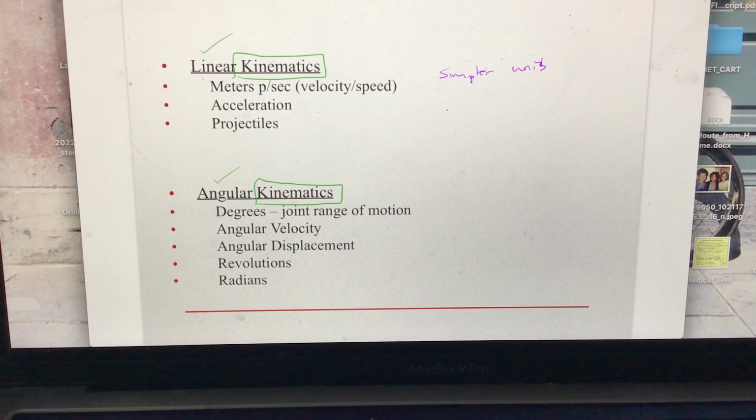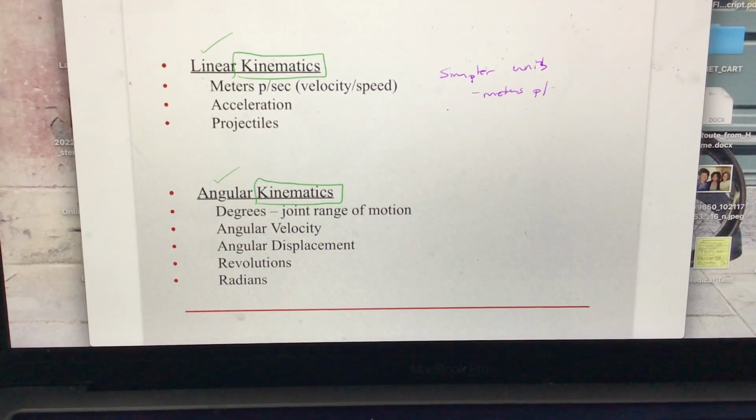Describing motion in one direction at one speed is a little bit more simple. So these would be units like meters per second. As you're going to notice, we tend to use the metric system.